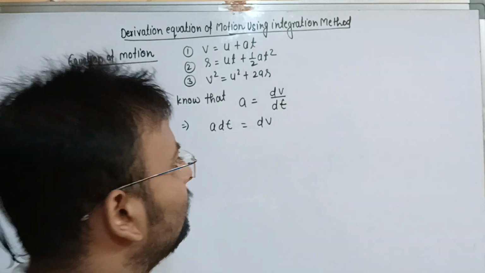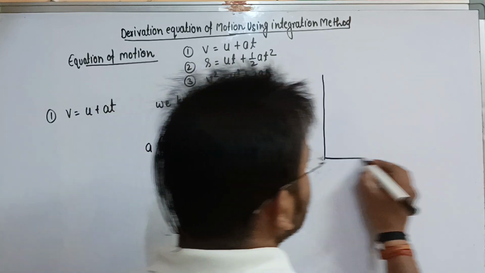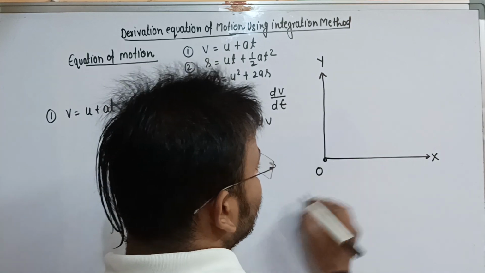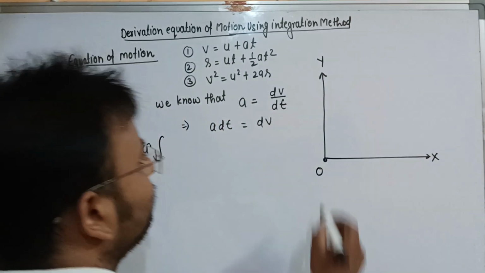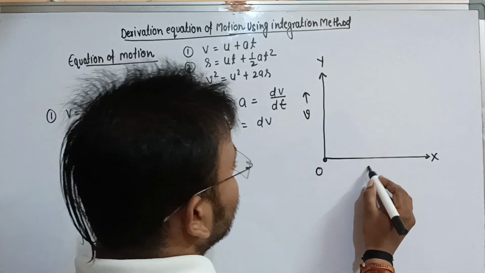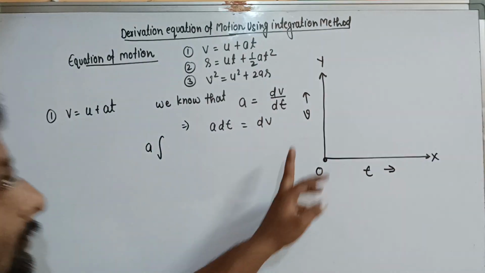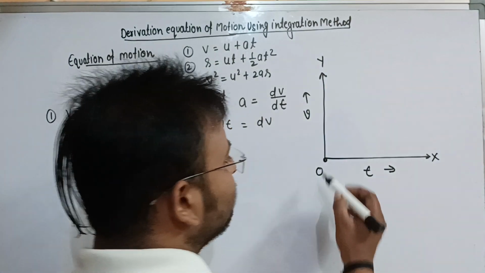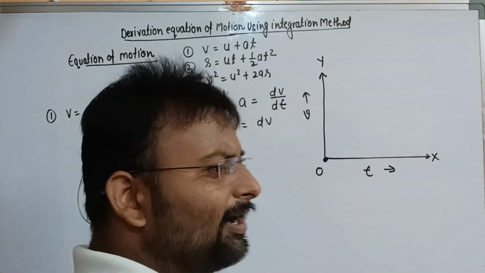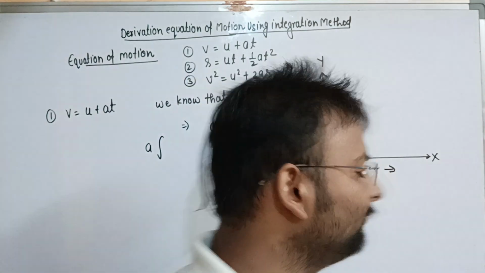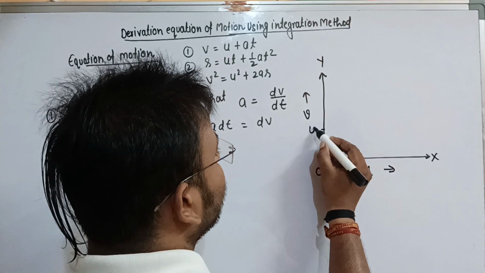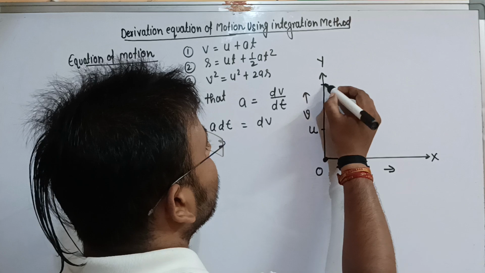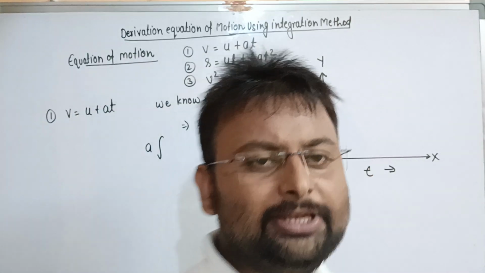Take the axes, x axis and y axis, with the limit of time. This is the origin point, and this is the graph of velocity and time. A particle starts at the origin with the initial velocity u, and after some time has the final velocity v.